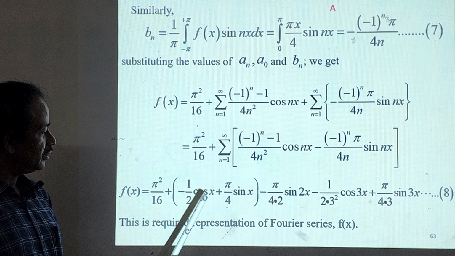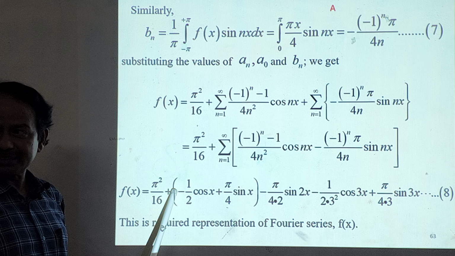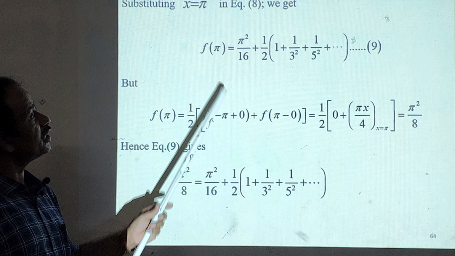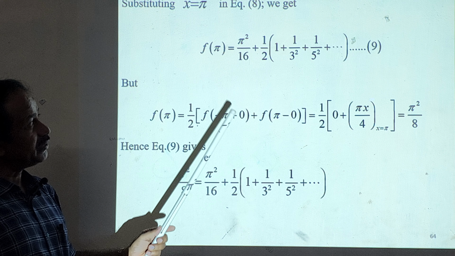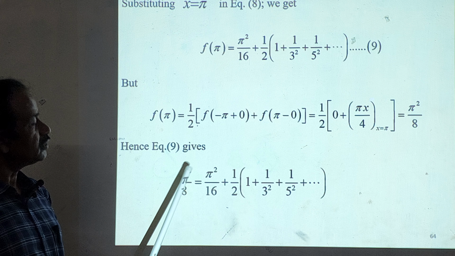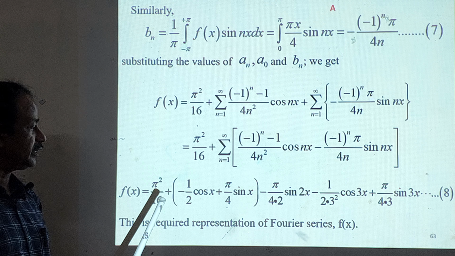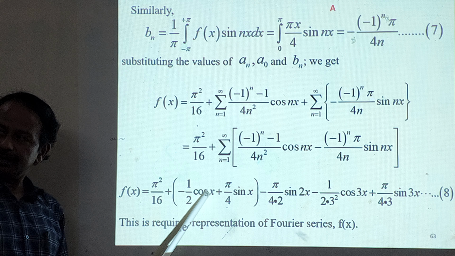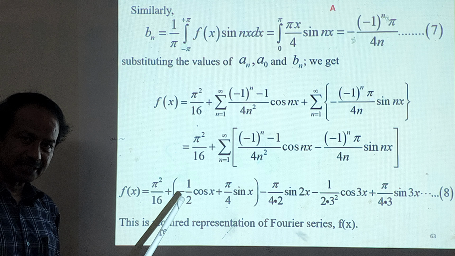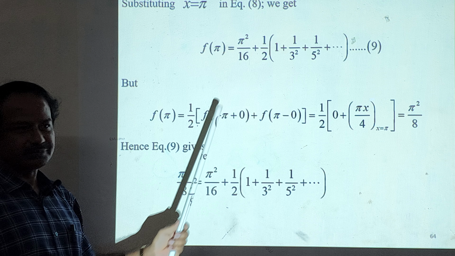Cos pi is minus 1, already one minus is there, so this becomes plus 1 by 2. So I have written plus 1 by 2. Here it is 1 by 2. I have pulled out 1 by 2 for every term.